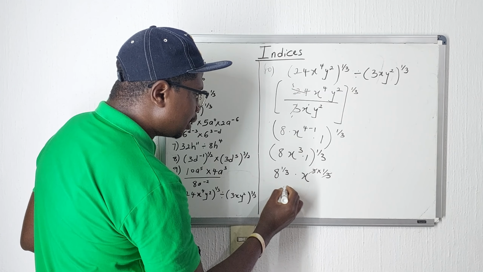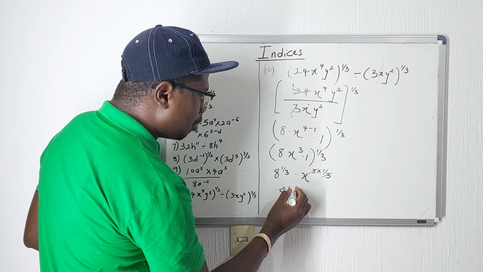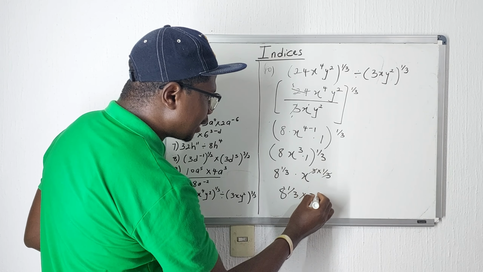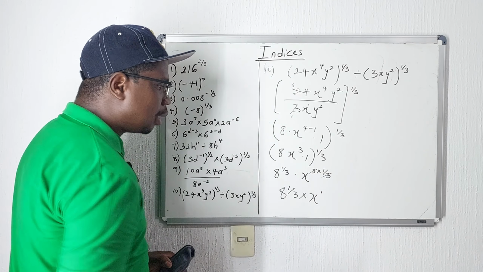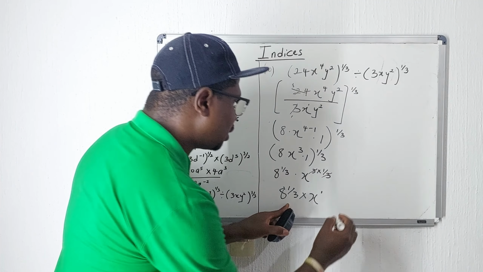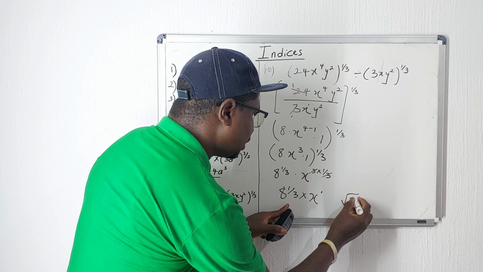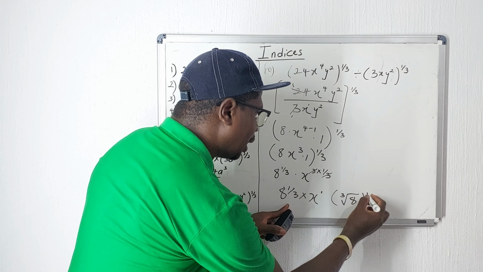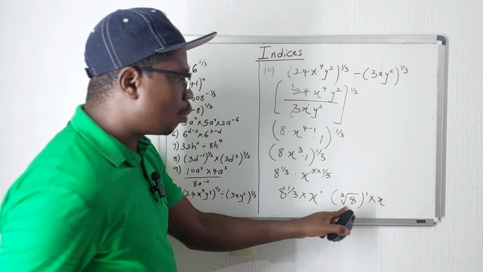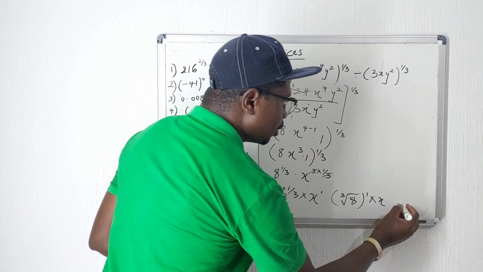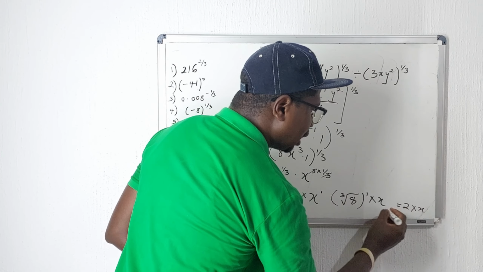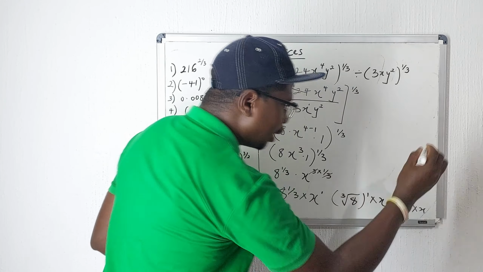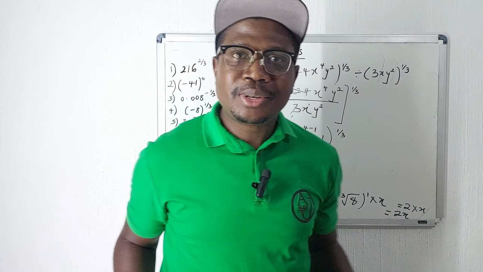We have 8 to the 1 over 3 multiplied by x to the 1. What is the cube root of 8? It is 2, times x. So our final answer is what? 2x.